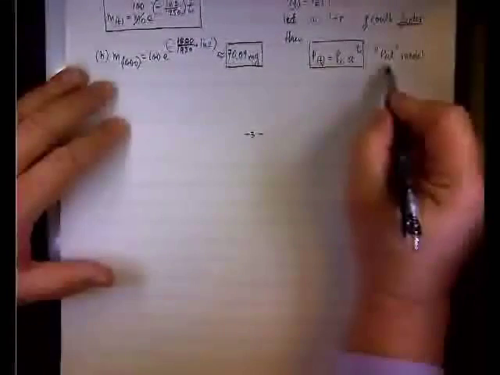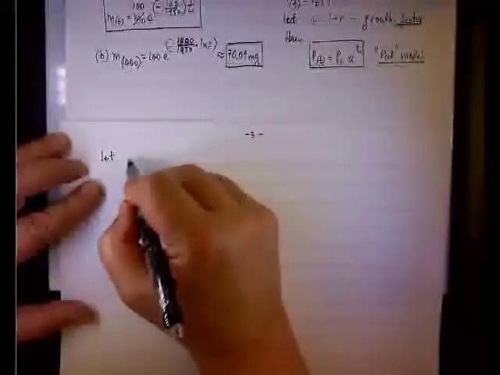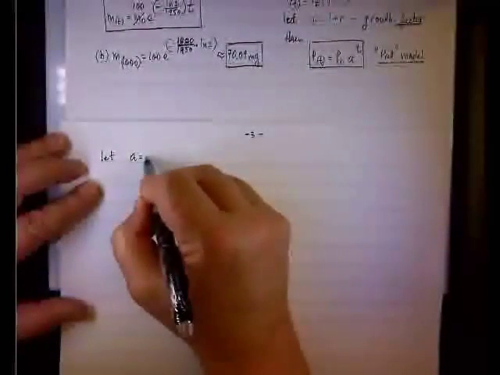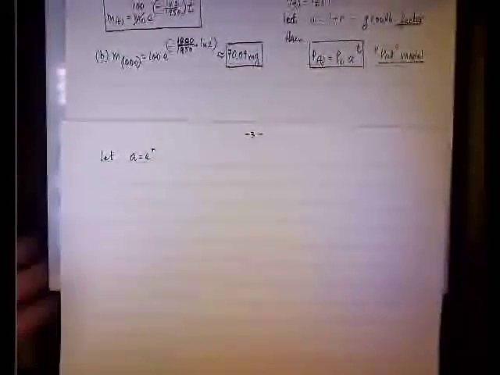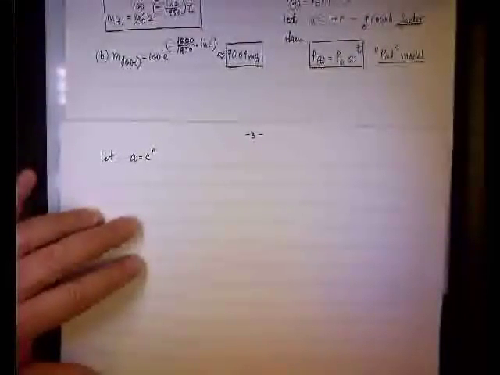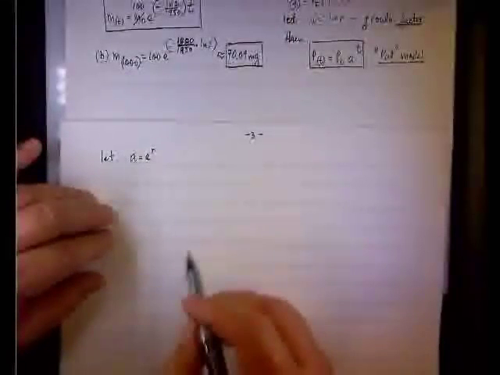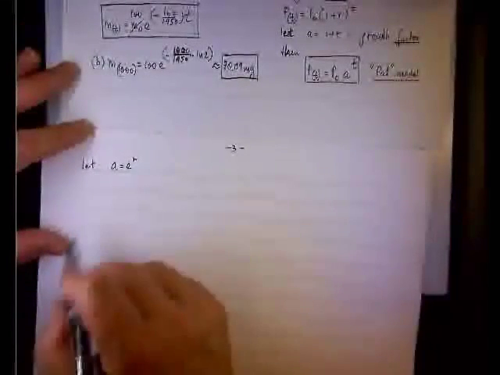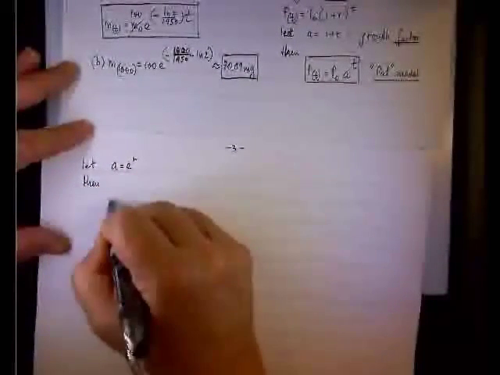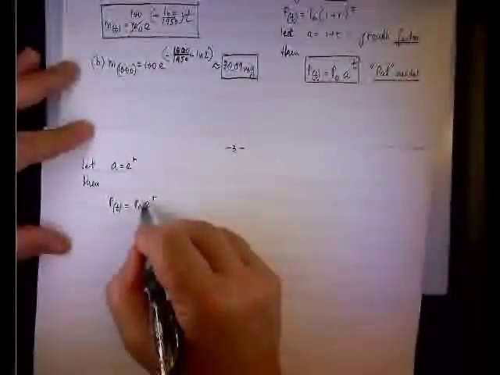All right, so this is the PAT model. Let me underline this as well. Now, let A equal e to the power of R. Okay? We can always express any number as an exponent with natural base. So now, instead of the PAT model that we see here, after the substitution, we have P of t equals P sub 0 e to the R raised to the power of t, right?